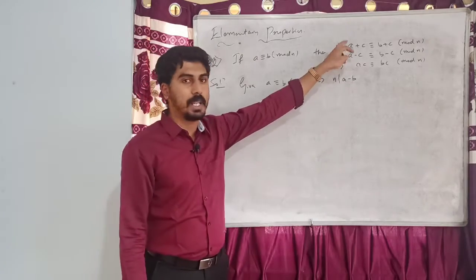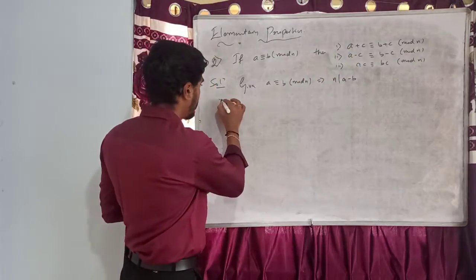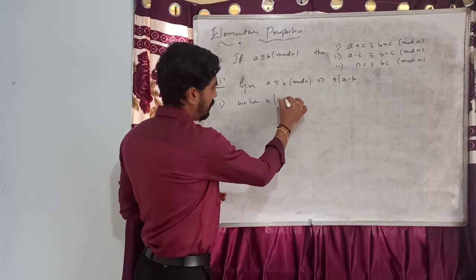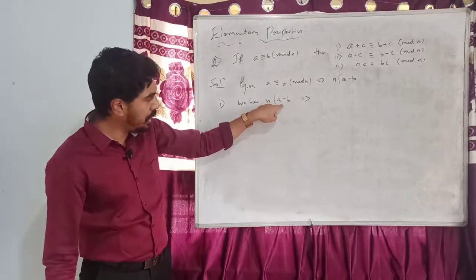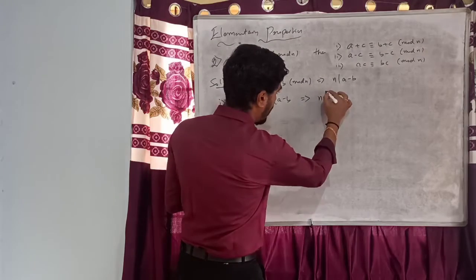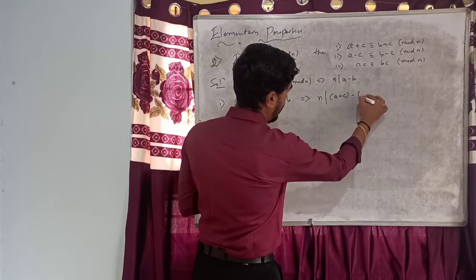To prove the first property, a plus c is congruent to b plus c modulo n, I consider that we have n divides a minus b. If I add and subtract c to this a minus b, I can write this as n divides a plus c minus b plus c.